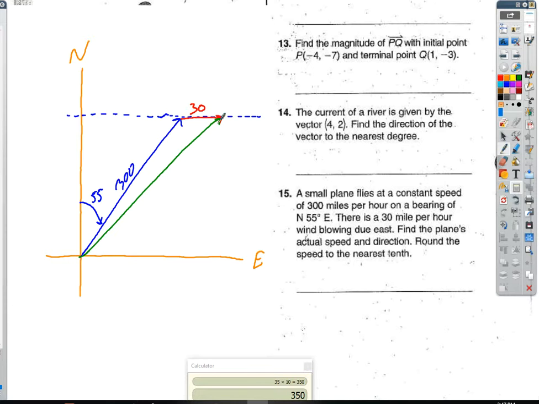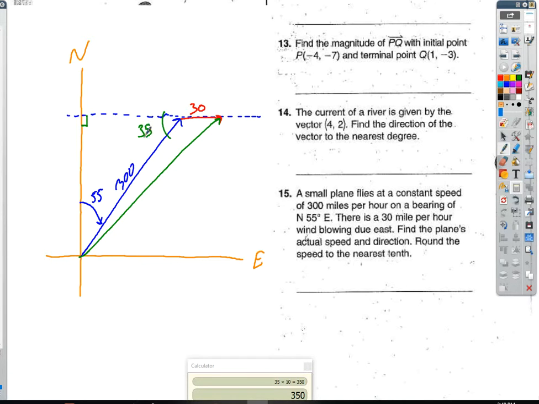So we have this green vector, and we are being asked to find the plane's actual speed and the direction. A vector means magnitude and direction. So if this is a 55-degree angle, and I know this is a right angle, that means this angle right here has got to be 35 degrees, because 35 plus 55 is 90.